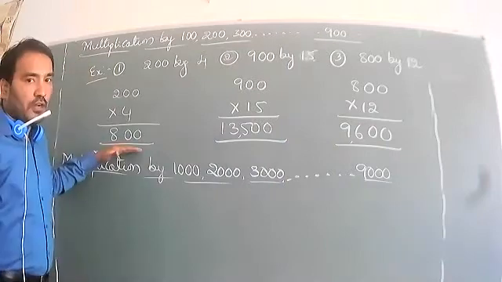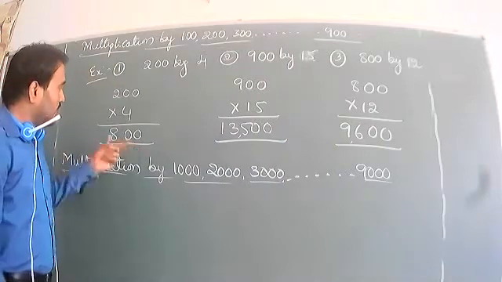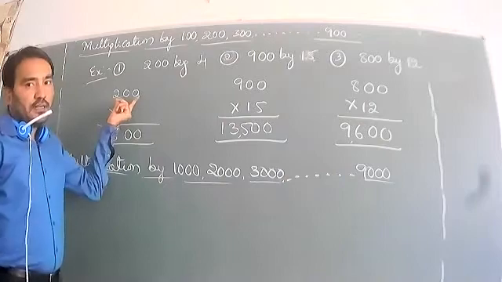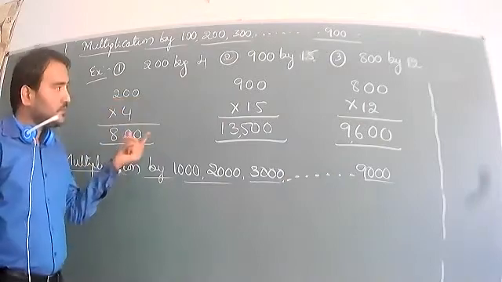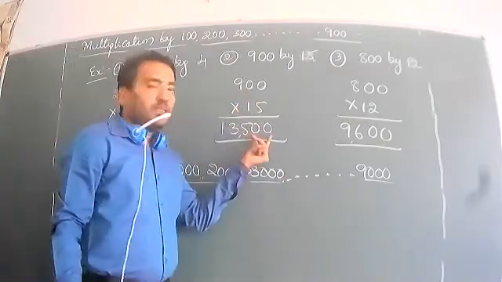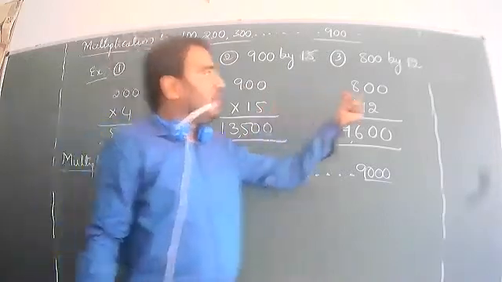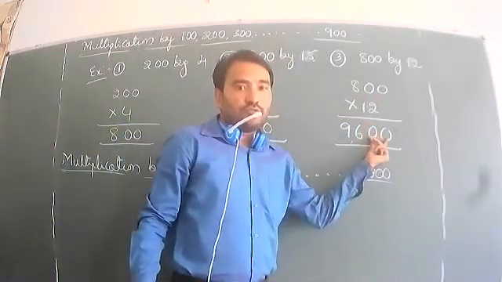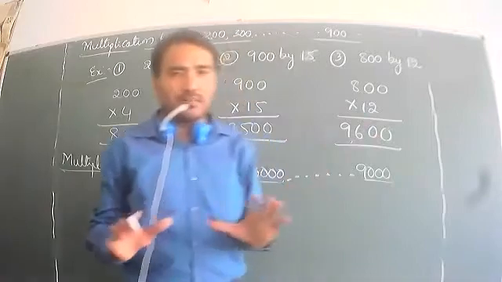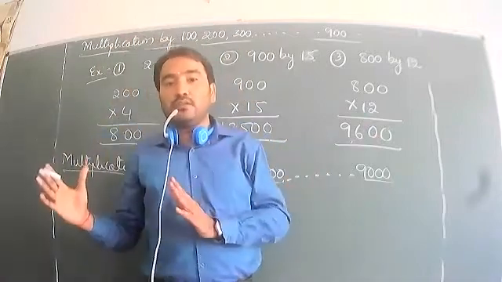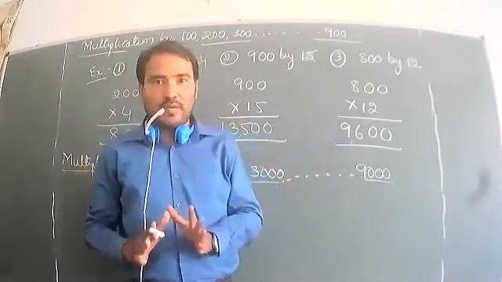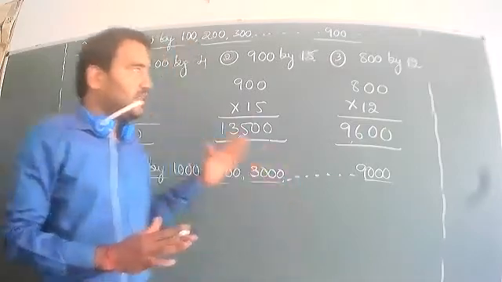Look at the board, look at all of your answers, the products. Here, multiplying by 100, we get 2 zeros. Every time we multiply by 100, we get 2 zeros in the product. Keep it in mind. So these are the examples we observe.